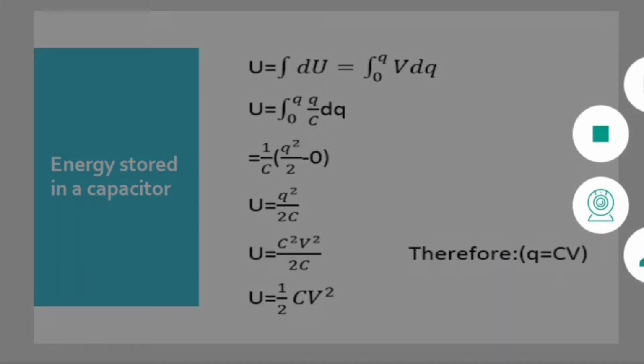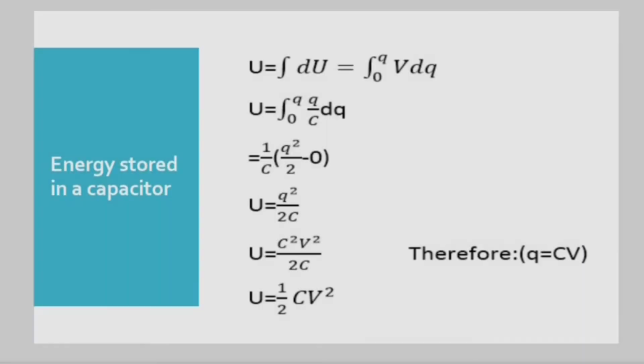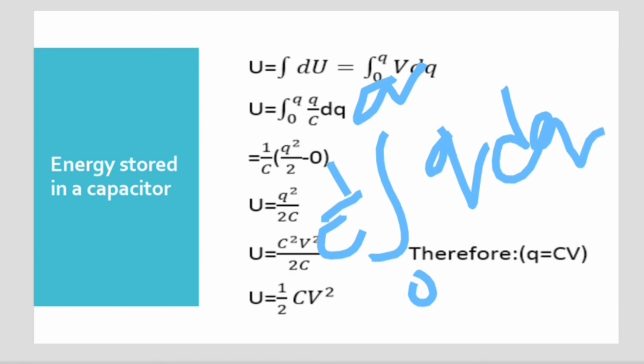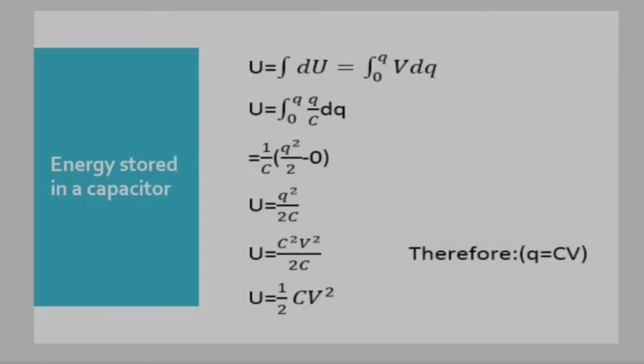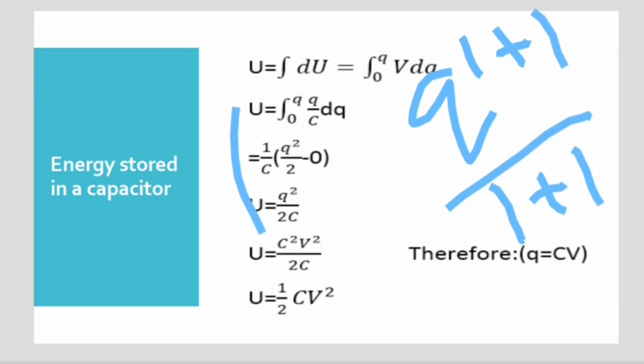Now we have learned that C is a constant, so it should be taken out of the integral. What we are left with is 1 by C out of the integral, q dq. What will be the value of the integration of q dq?